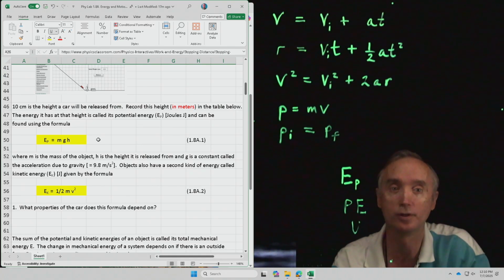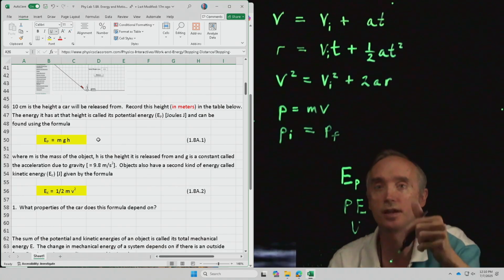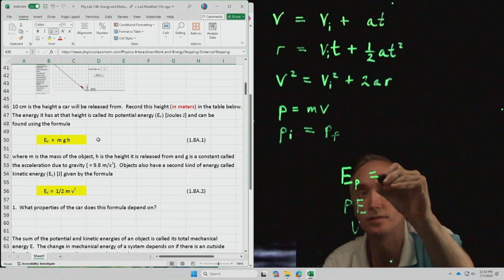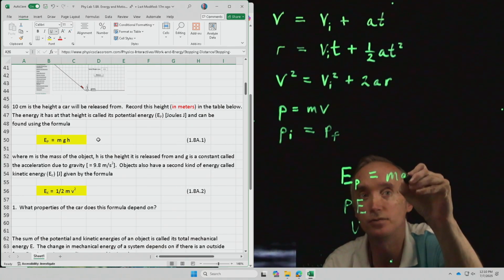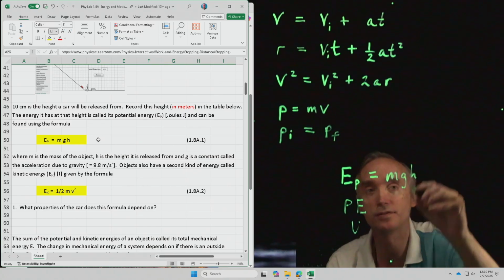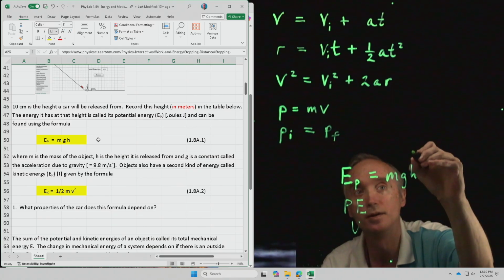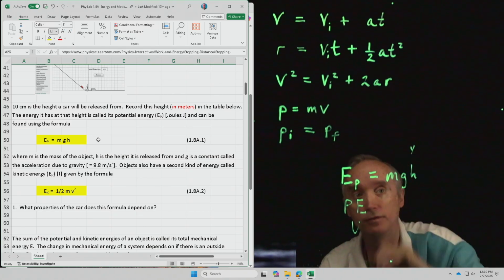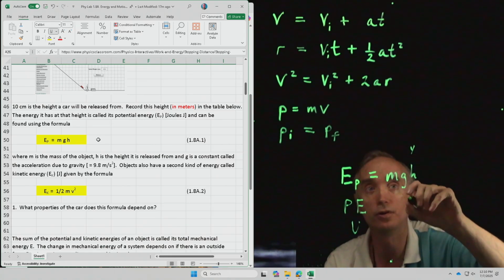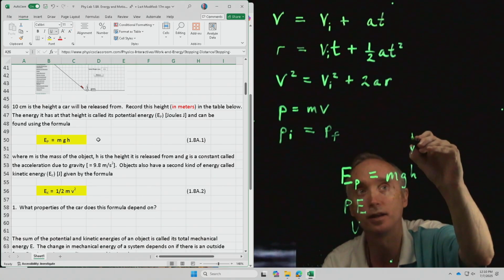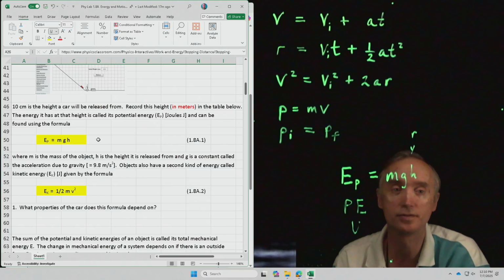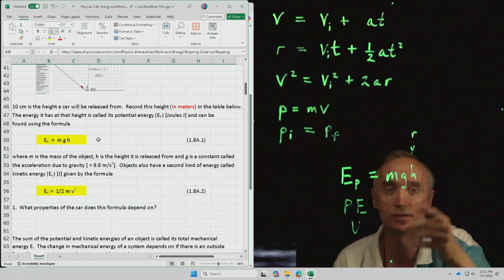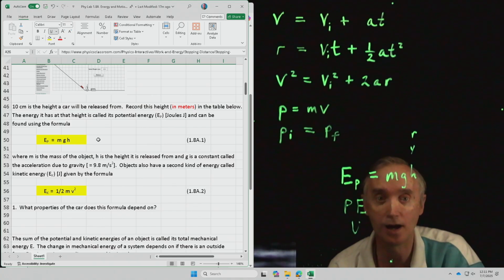So here's our formula, that the potential energy of an object is going to be M and then G and then H. Now in some textbooks, this is going to be maybe the letter Y for up and down, or it could be the letter R. I kind of like to use the letter R because I always use that for distance, but I'm using the letter H this time for height.